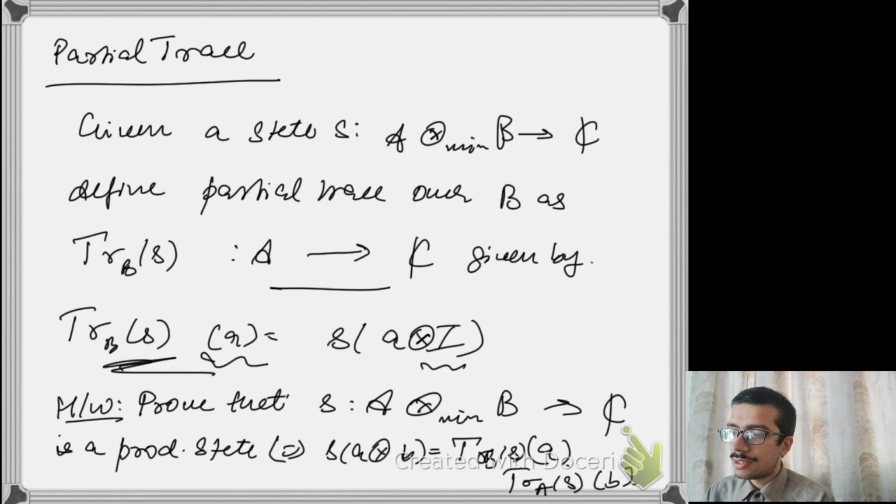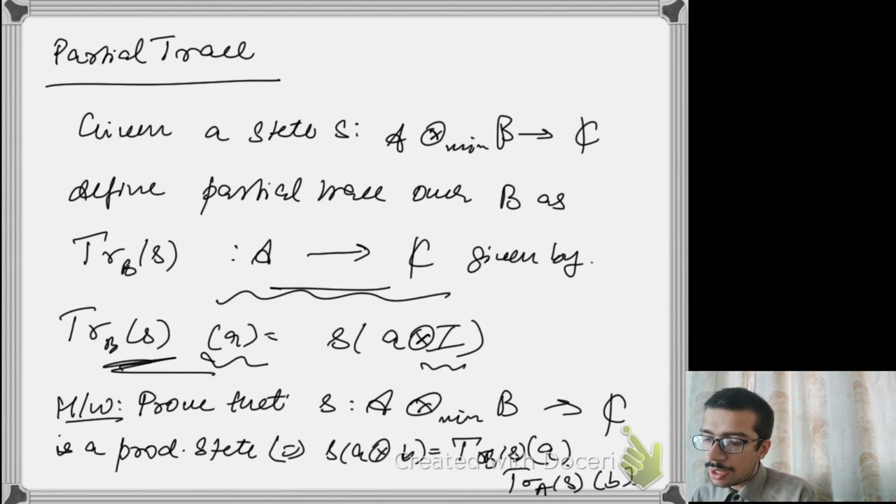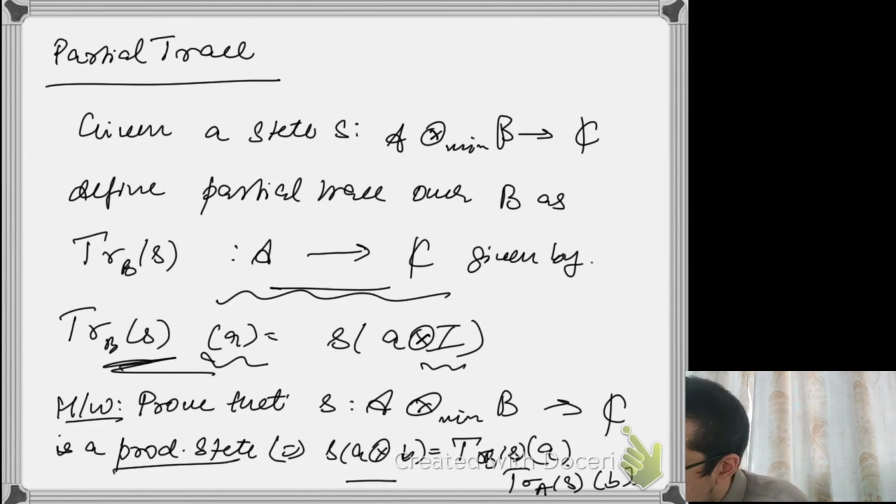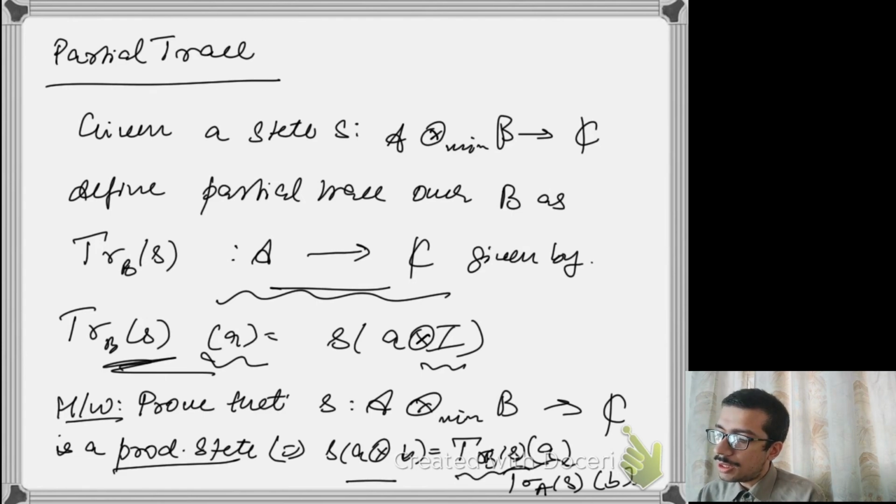So this allows me to define a state just on A, by always taking the measurement of identity on the other part B. And overall you have a product state if and only if S of A tensor B acts as: first I trace out B and measure A, then I trace out A and measure B, and then I multiply the two. So this is for you to prove.